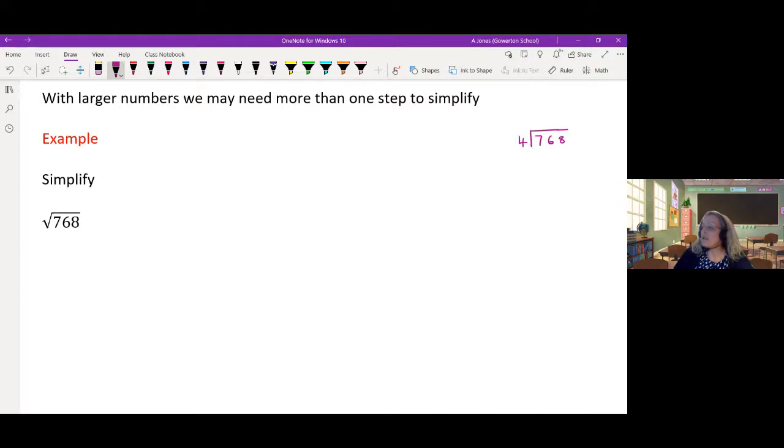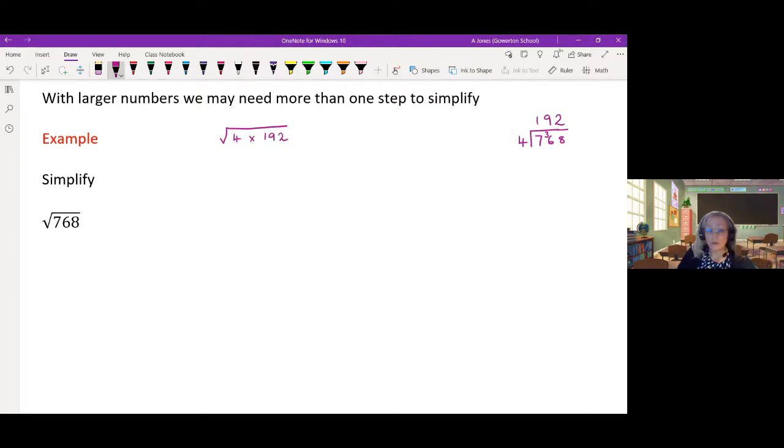4 goes into 7 once with 3 over. 4 goes into 36 9 times, and 4 goes into 8 twice. So it does go in. It's 4 multiplied by 192. So I am going to start this by saying it's going to be the root of 4 multiplied by 192.